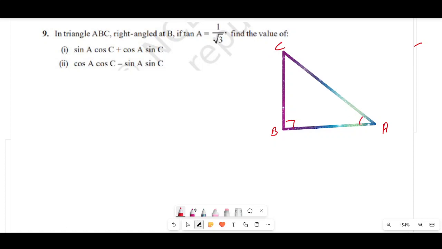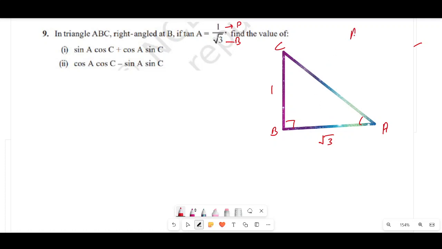Tan A is given. If tan is given, that means this is perpendicular and this is base. Now perpendicular is 1 and base is root 3. Clear? Now what will be the value of AC?